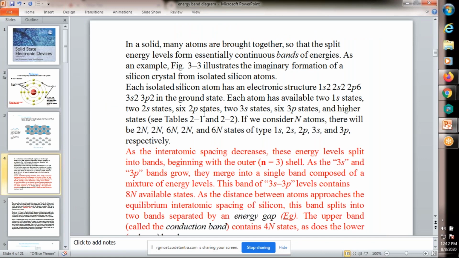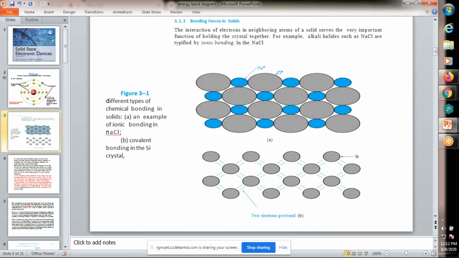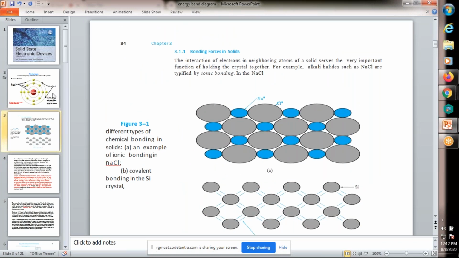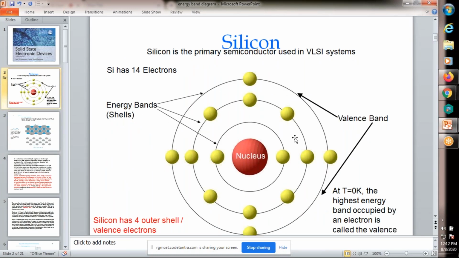Now observe here, when we consider a single silicon atom, keep in mind this one, this is the structure.